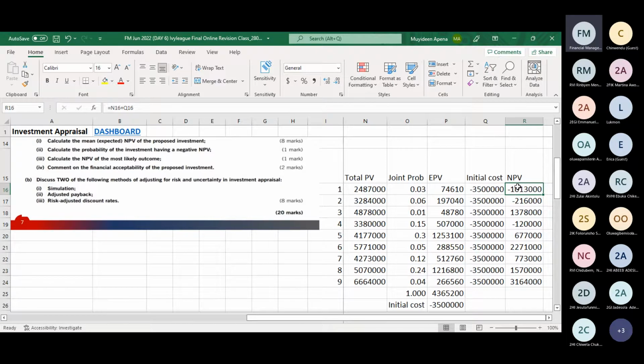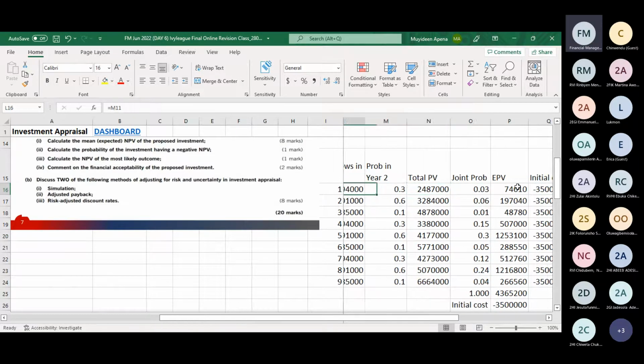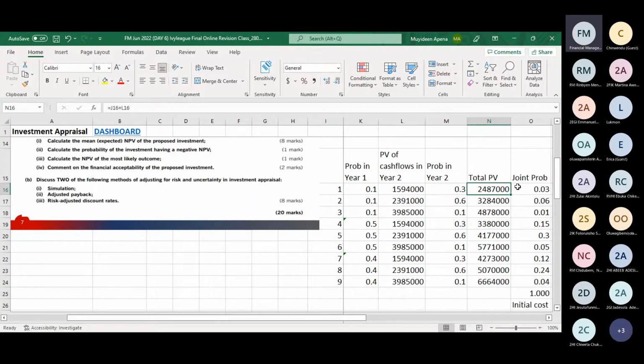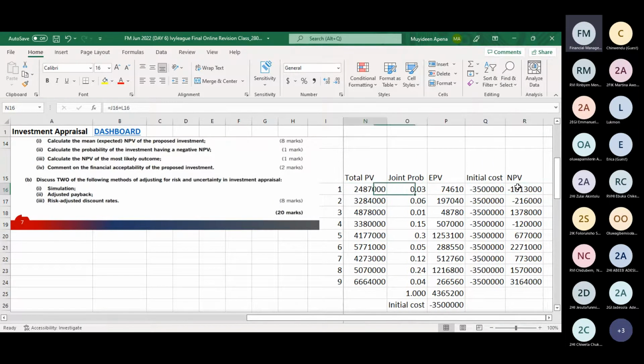So this is the computation of NPV without incorporating probabilities. We didn't apply probability to this total value. We just summed the present values to get total present values, and then took out the initial cost to get the NPV for each scenario. What we now did is apply joint probability to the total present value to get expected present value.